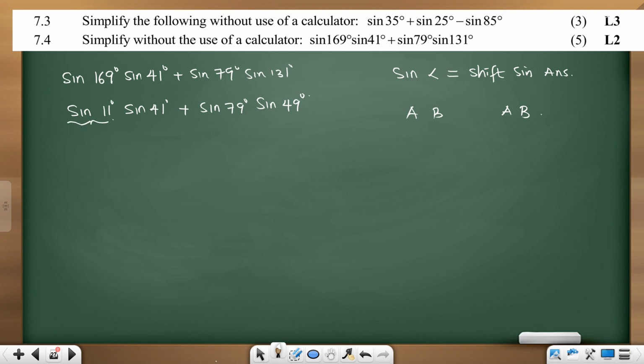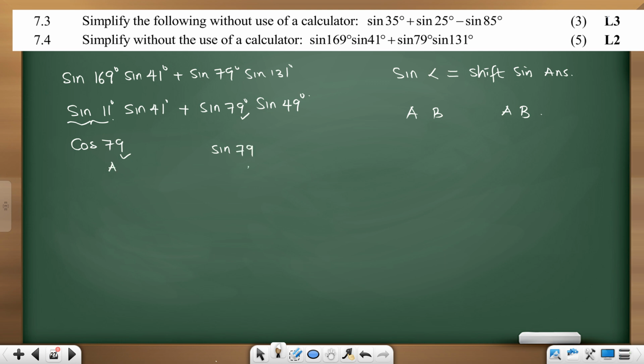What do I say? 90 minus 11. What is 90 minus 11? Not cos 11. 79. So already this is what? Wait, I am seeing a 79. Beautiful maths.